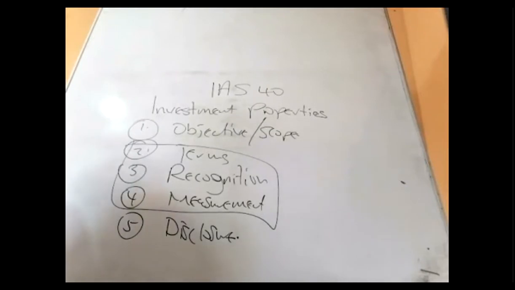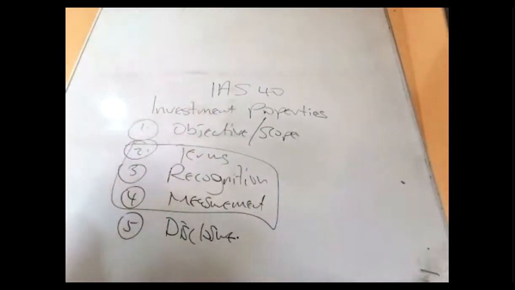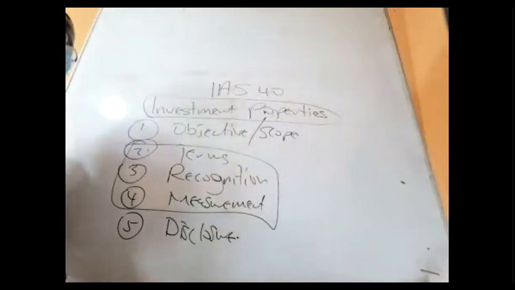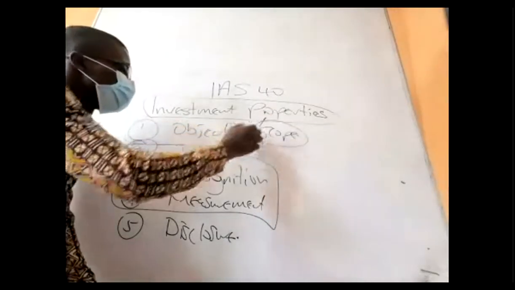Okay. Now, the objective of this standard is to prescribe the correct accounting treatment of investment properties, to the extent that it prescribes how it should be recorded and measured in the books and its disclosure. Then the scope.